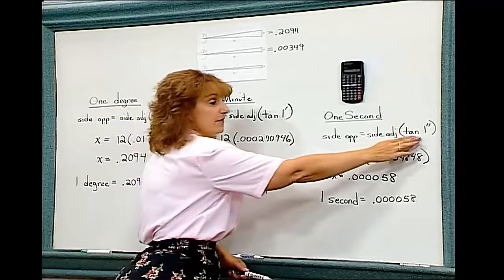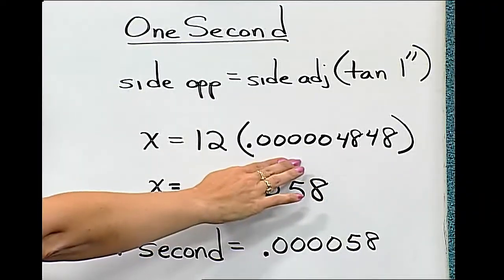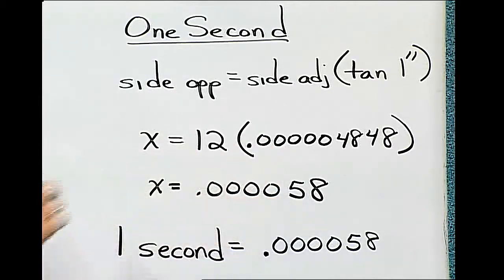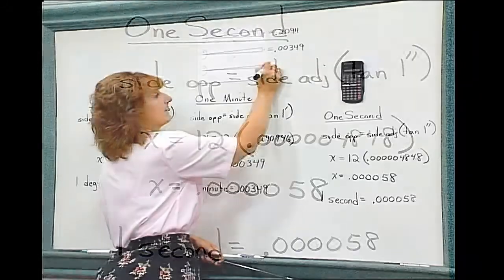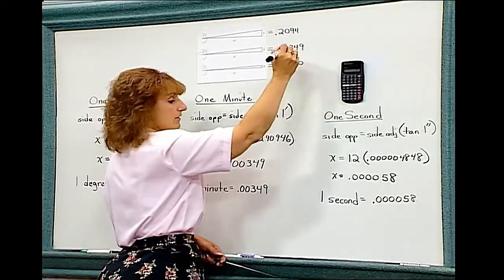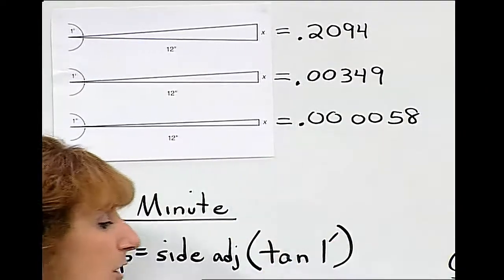So we need to convert that to a decimal degree, remember, before we put it into the calculator to get this decimal answer. When we multiply by 12, we get that this line is 0.00058. That's a very small decimal.